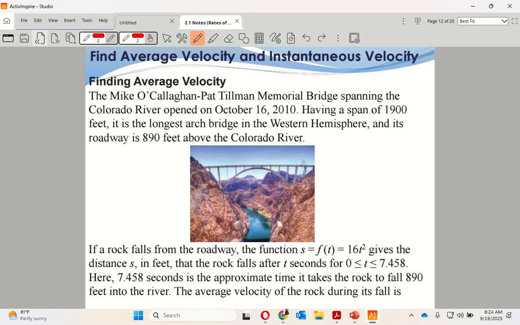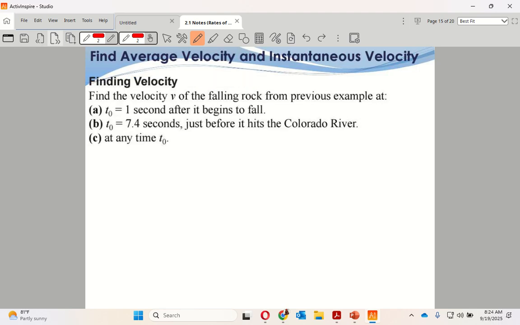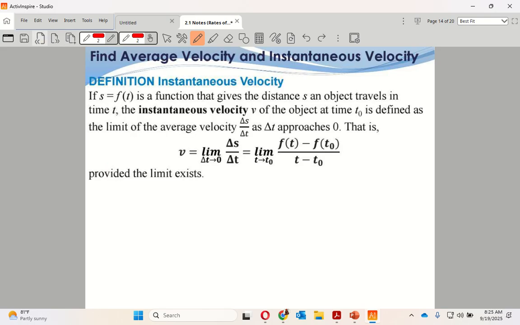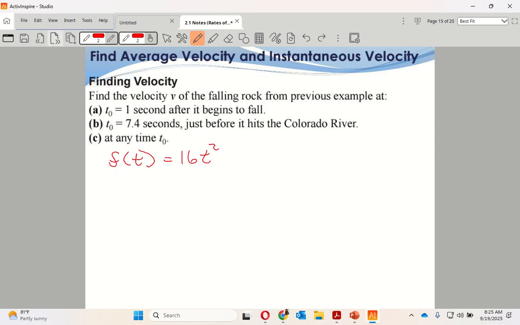So we are now trying to find the velocity after 1 second.